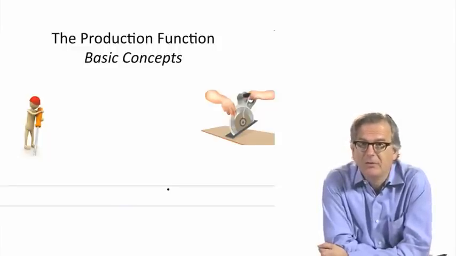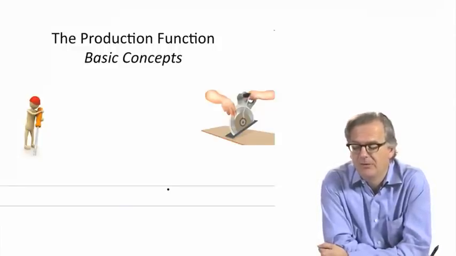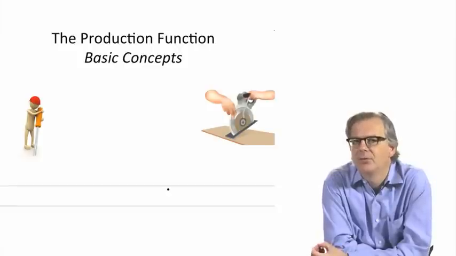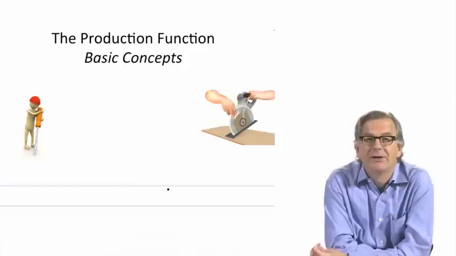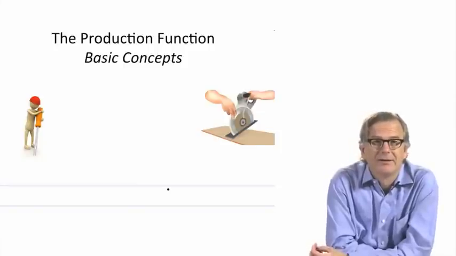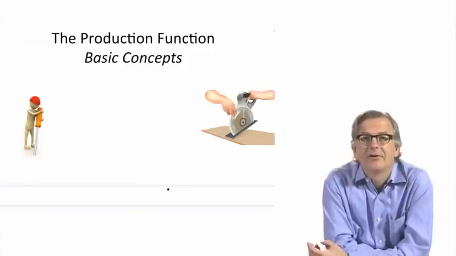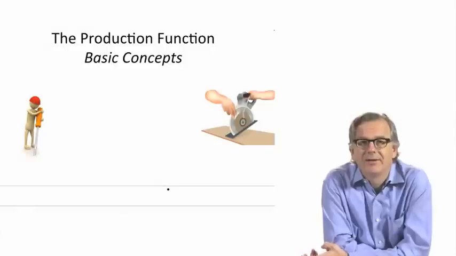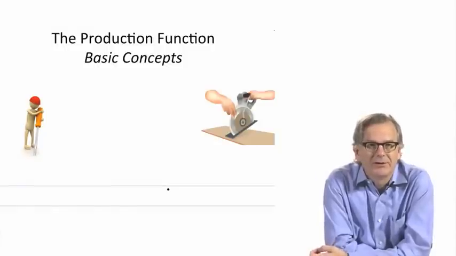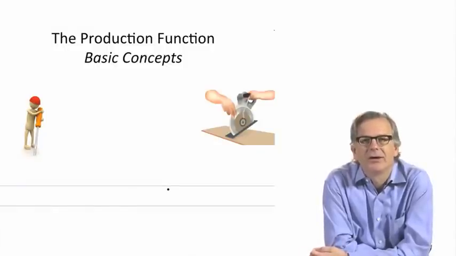As you'll see, when we speak of the production function, what we're talking about is a very simple representation of something that in reality is incredibly complex. That is, how do firms bring together factors of production in order to produce output?